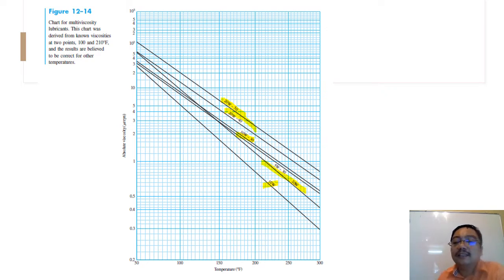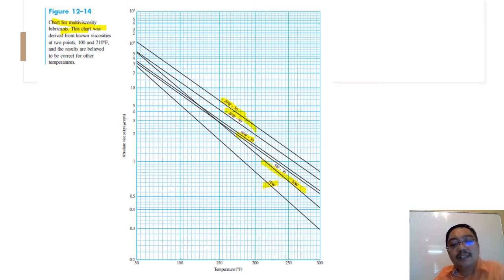This determines the viscosity of the oil. Whether you want your car to be serviced at 5,000 kilometers or 10,000 kilometers depends on the viscosity of the oil. This is called the multi-viscosity lubricant.